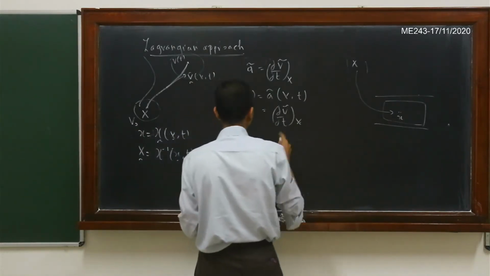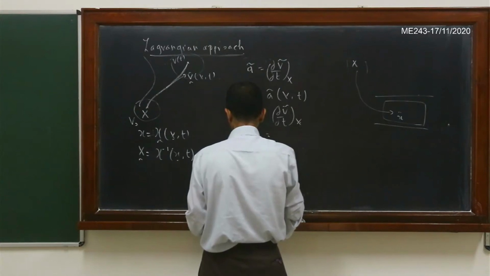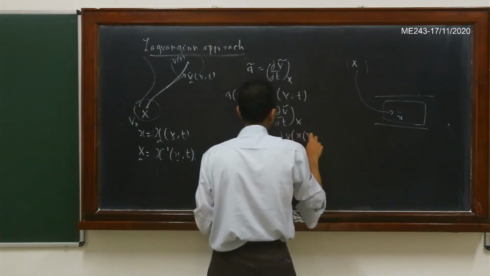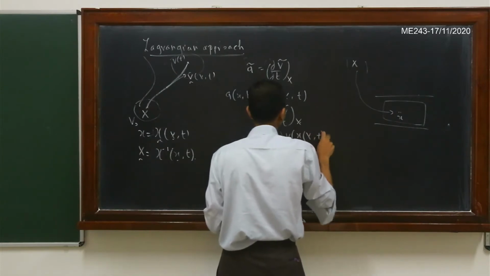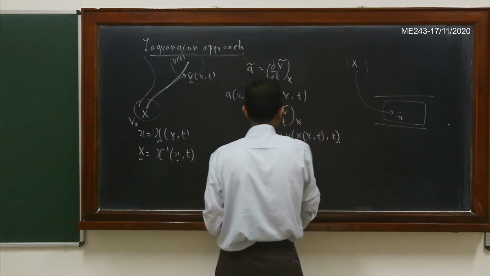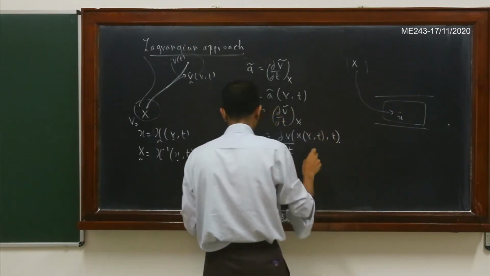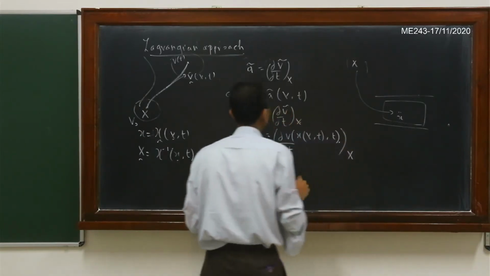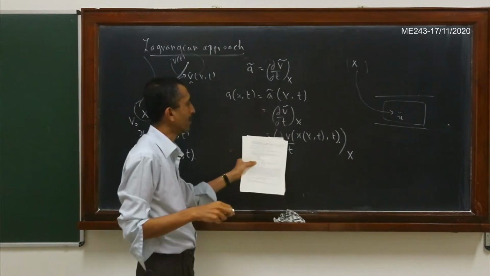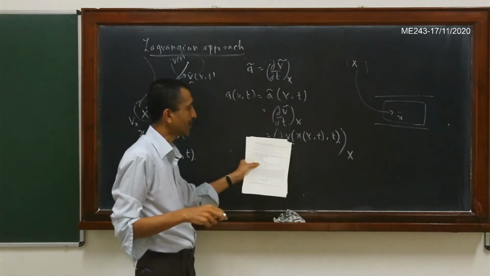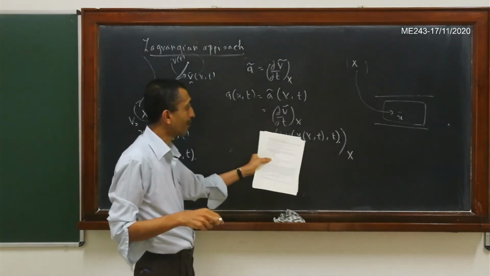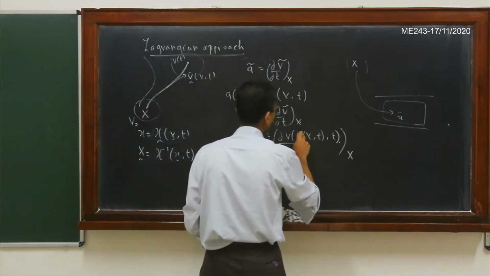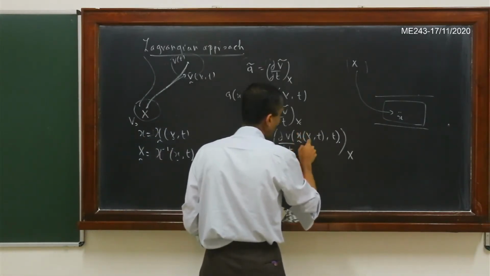So this here is equal to del v of chi of x comma t by del t, keeping capital X fixed. Correct. So all I have done is that instead of v tilde, I am now using the other function, that is v of x comma t, but x is actually a function of chi of X comma t.